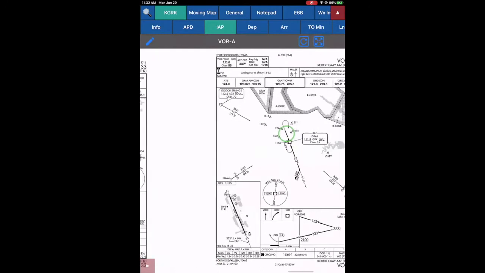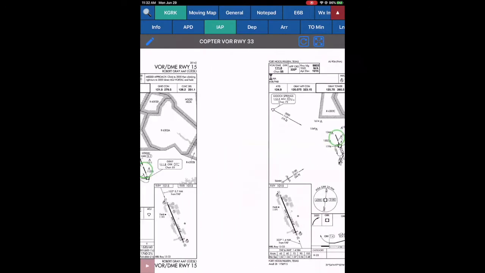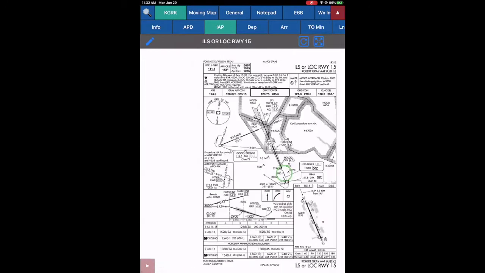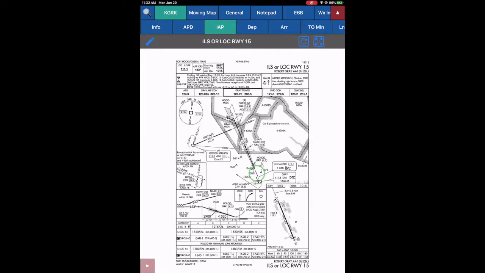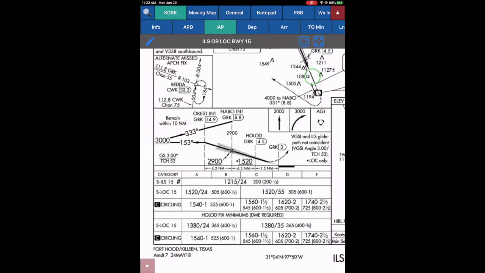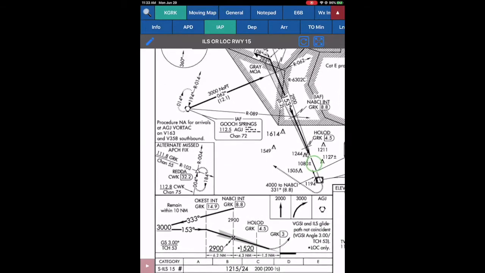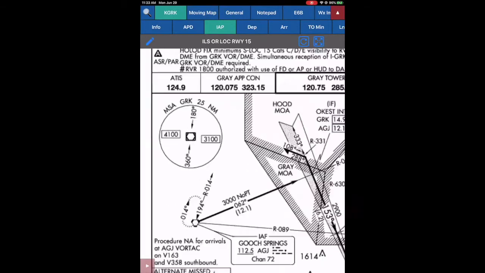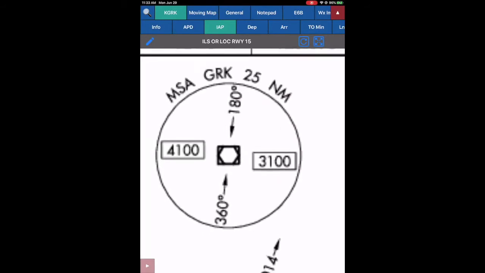Let's go to the ILS or localizer runway 15. Why are there two sets of minimas down here? What is this little circle with these numbers?